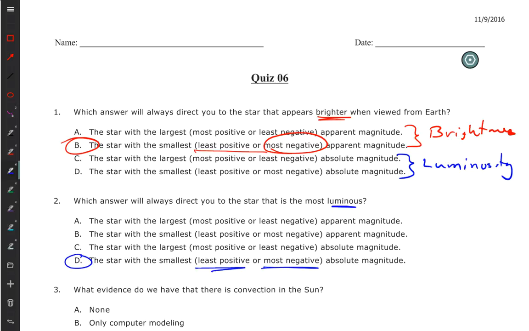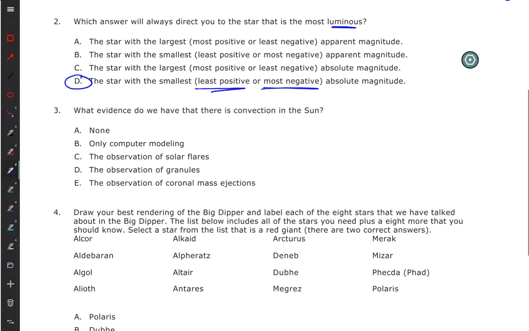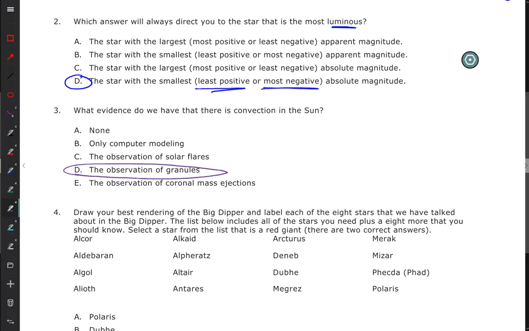The third question then, what evidence do we have of convection on the sun? This was once again a homework question. I relied heavily on the homework for this quiz. Who has done the homework? I saw a hand go up and somebody said D, so I just went straight to that. D, the observation of granules.